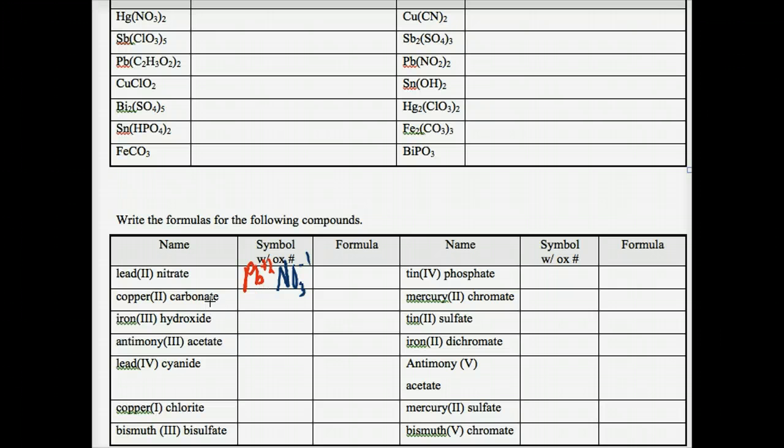It helps to have that whole chart of polyatomic ions memorized. My lowest common multiple between 2 and 1 is 2, so I'm going to meet at 2. In order to meet at 2, I'm going to have 2 nitrates. My lead's already at 2. So to have 2 nitrates, I would indicate my parentheses with a 2. Pb(NO3)2. And I don't think I have to do many more of these.